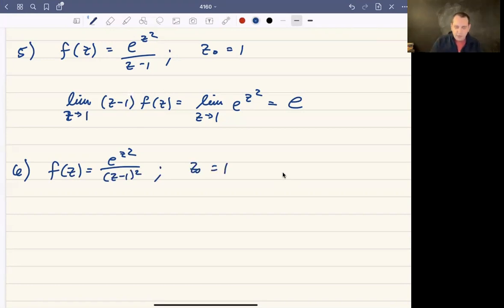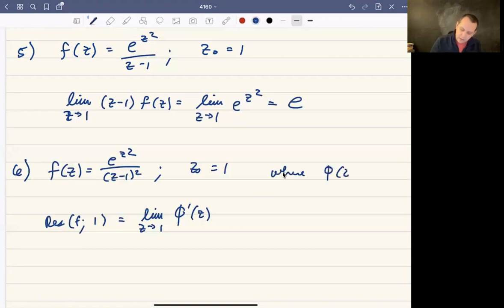And here this is going to be a pole of order 2, so our k is 2, and therefore the residue of f at 1 is going to be equal to the limit as z approaches 1 of the first derivative of phi, where phi is just going to be e to the z squared, because I'm multiplying by (z minus 1) squared. So in this case, it happens to be just the numerator. In general, it'll be more complicated, but in this case, it's just the numerator, because the only thing that we're dividing down by here is the other thing.